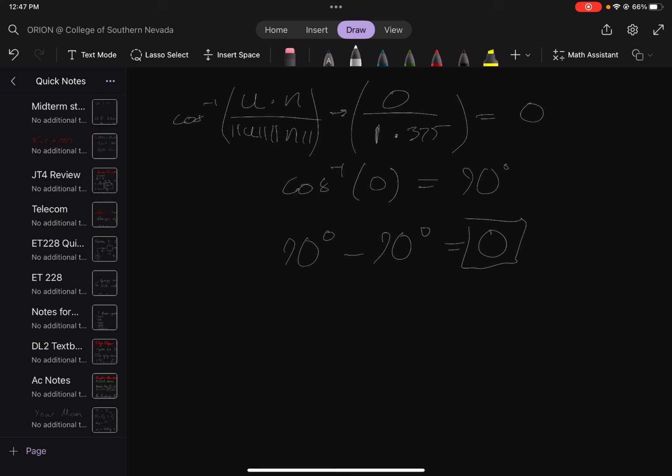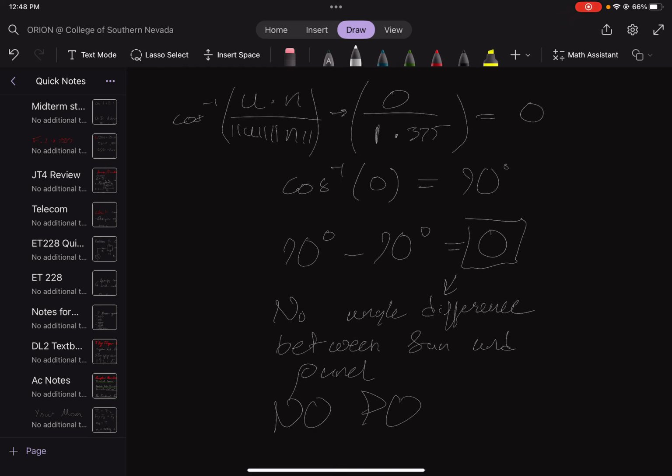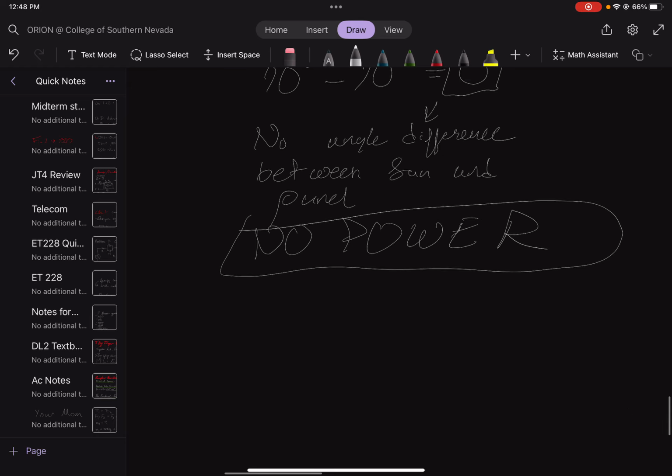So that means there is no angle of difference between sun and panel. Therefore, no power. So there you go. So we have no power being generated because of this.